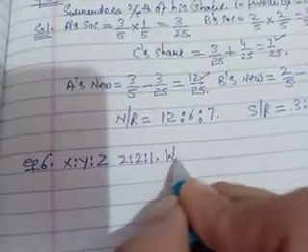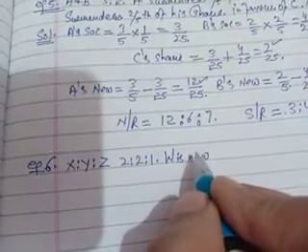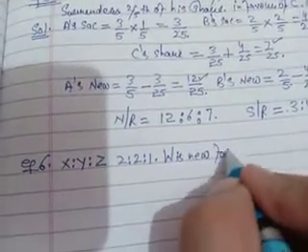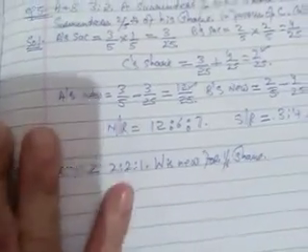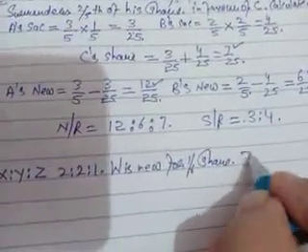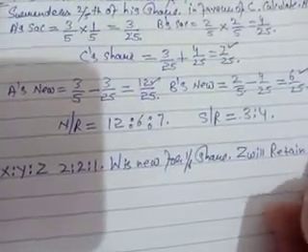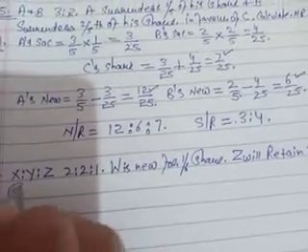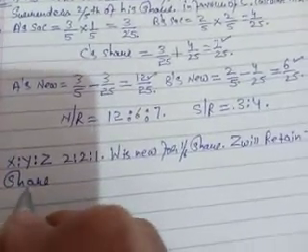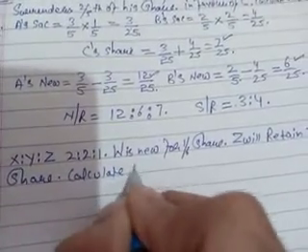W is a new partner for 1/6 share. Z will retain his share. Calculate NPSR.